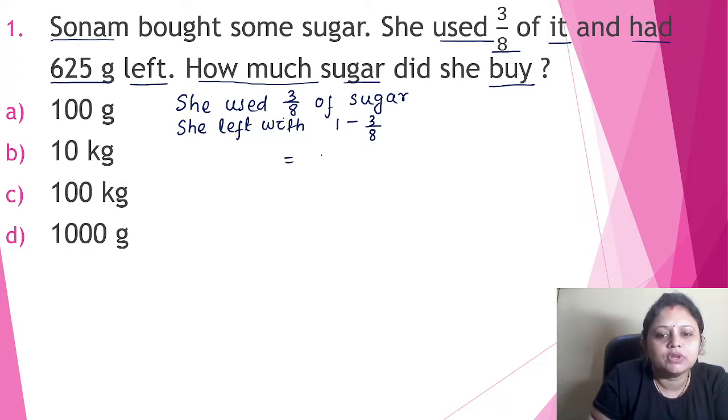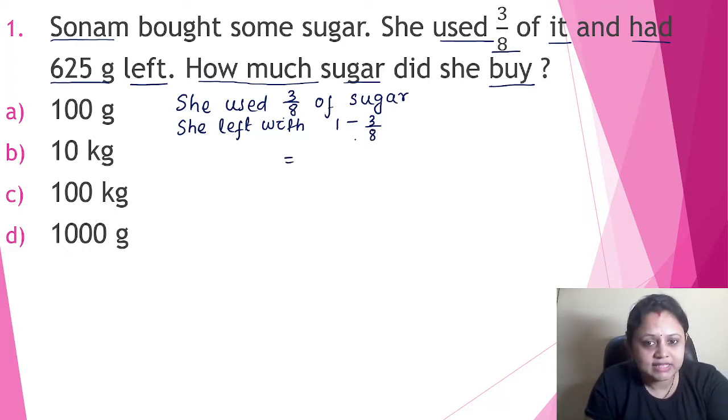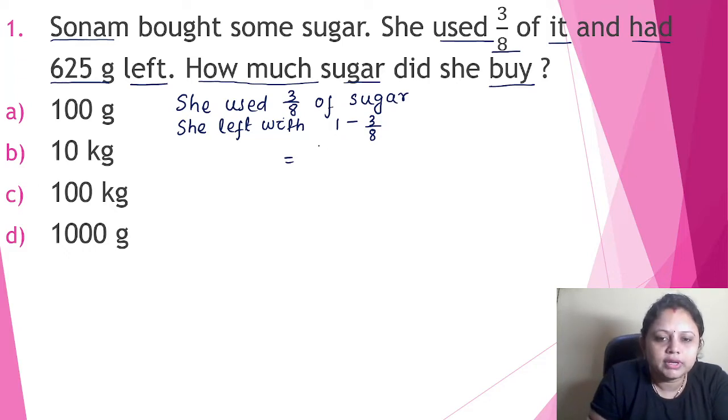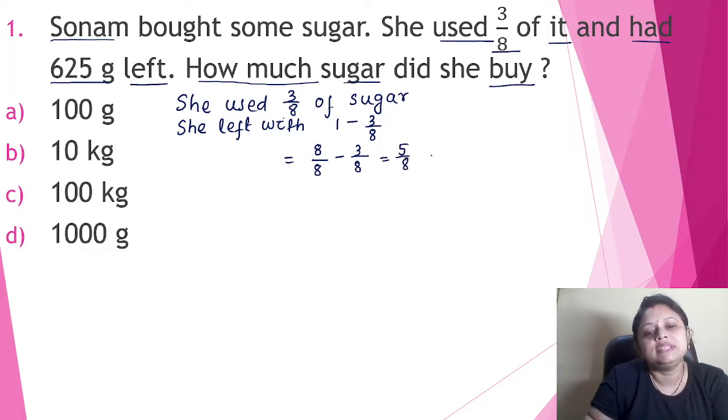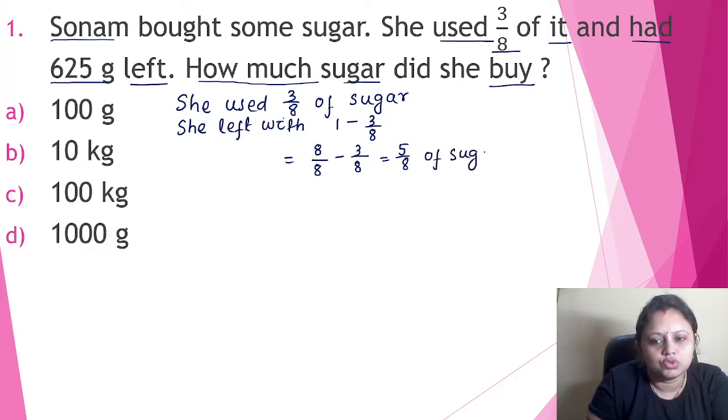We have to take the LCM, that is 8. So 8 by 8 minus 3 by 8 is equal to 5 by 8. So she is left with 5 by 8 of sugar.